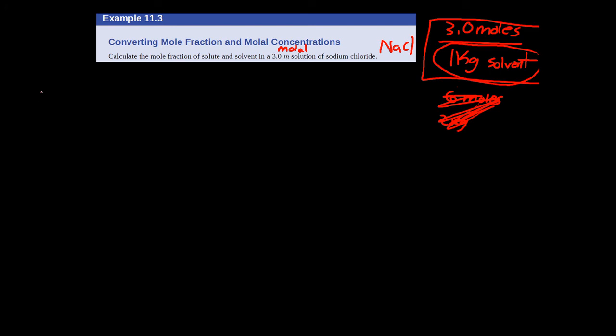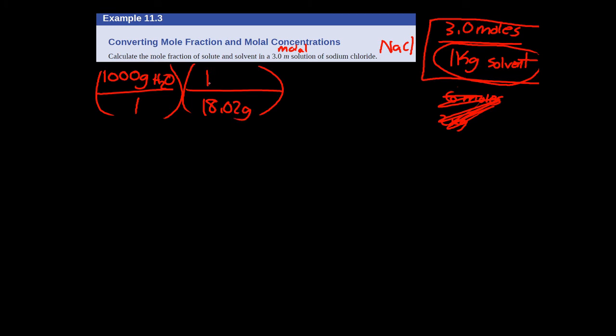So if we have 1,000 grams of water, what that means is we have 55.5 moles of water, because water has a molarity of 55 molar. There are 55.5 moles of water per liter.